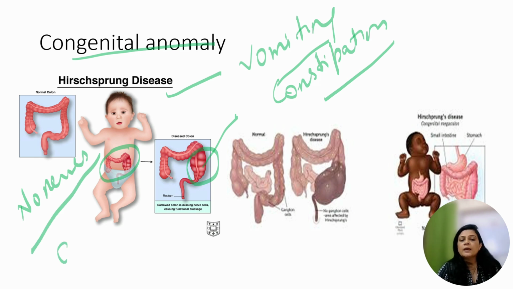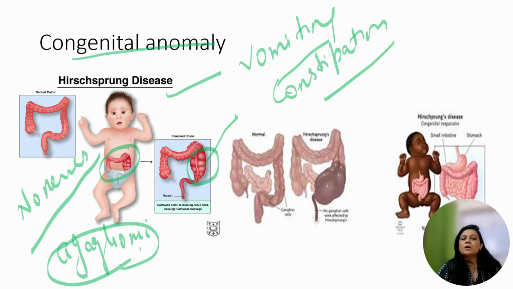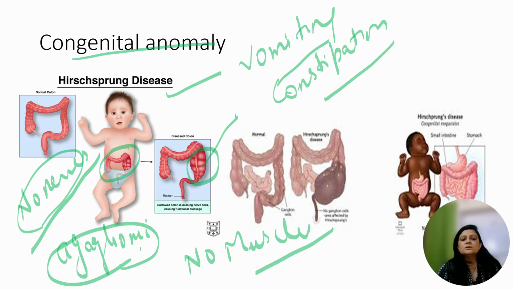There is an aganglionic part, and because of this aganglionic part there are no nerves, so no muscles are active here, and muscle contraction is very much required in this region to push through the stool, to push through the undigested food. But there are no nerves, an aganglionic part is there.